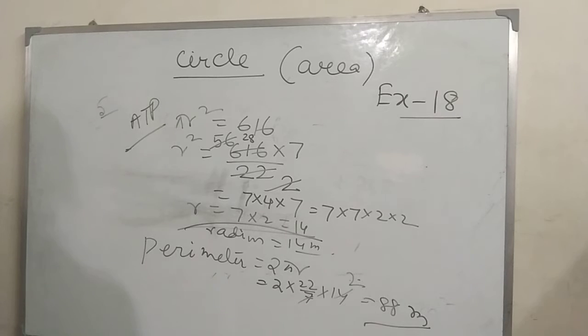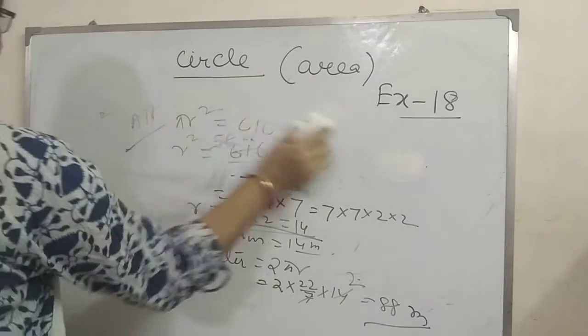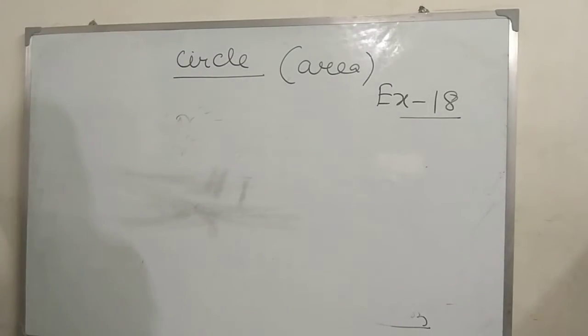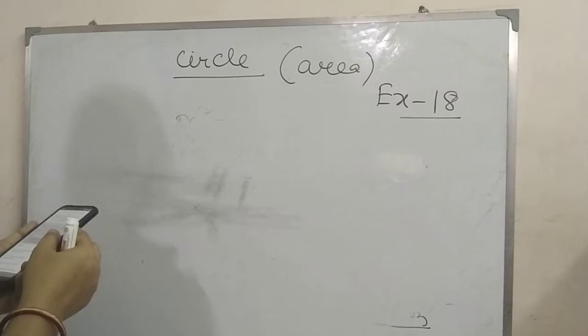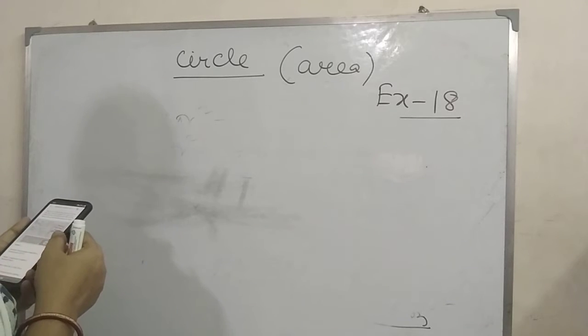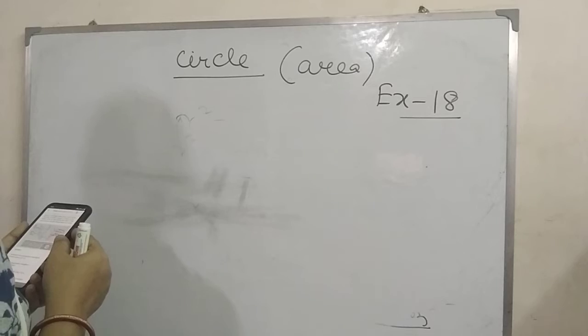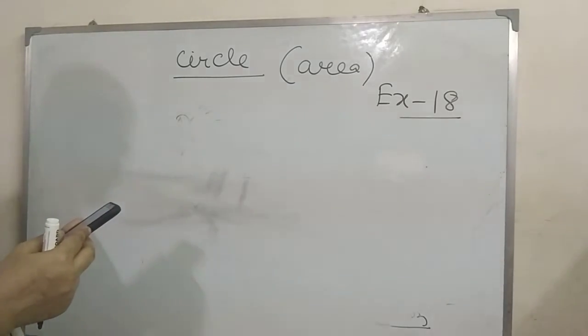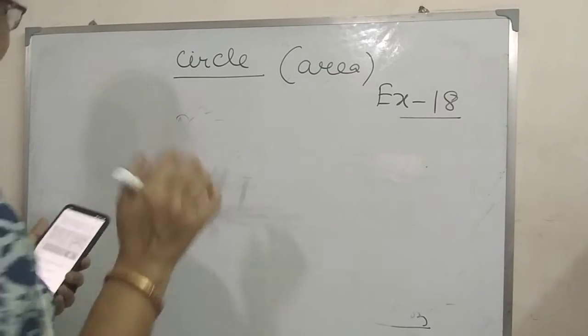Sum number 6. Polash and Piali have drawn two circles. The ratio of their radii is 4:5. Let us calculate the ratio of the area of the two circular fields drawn by them.